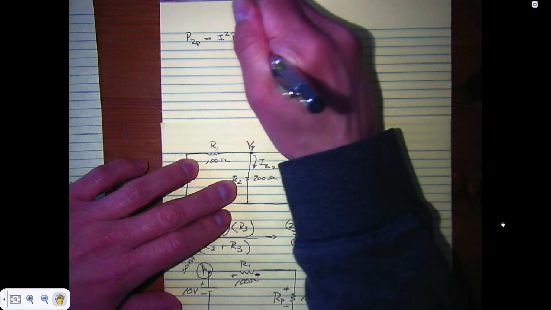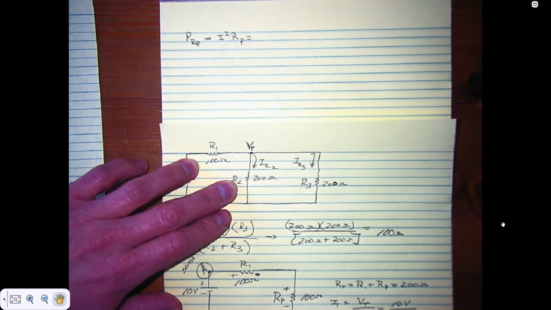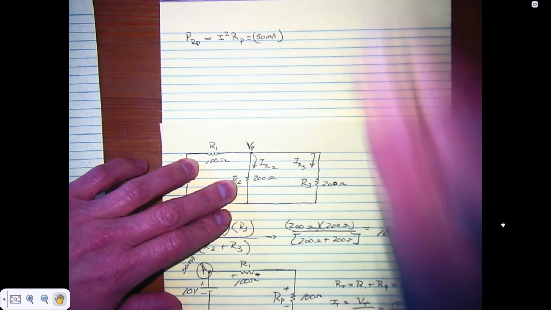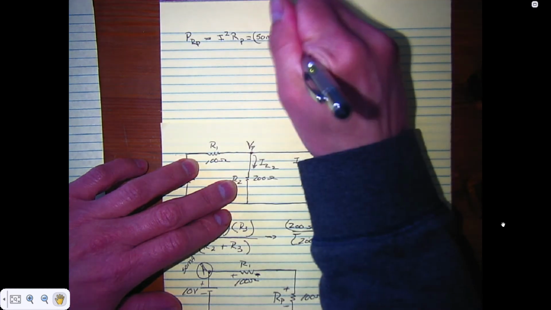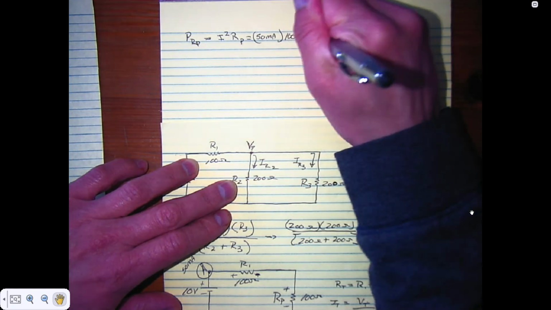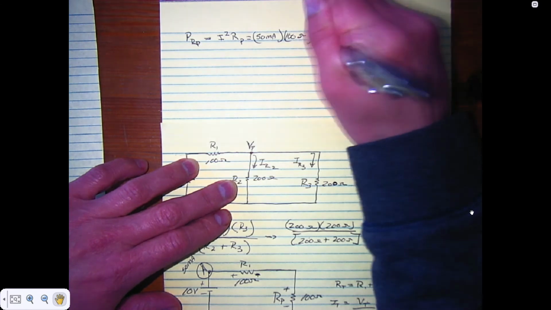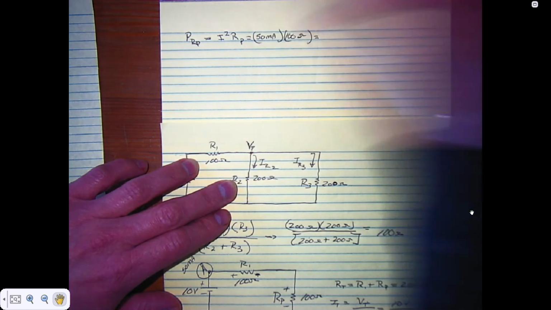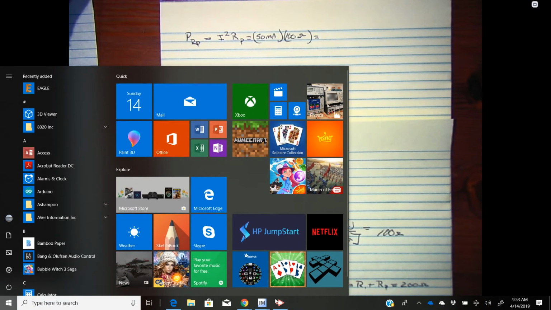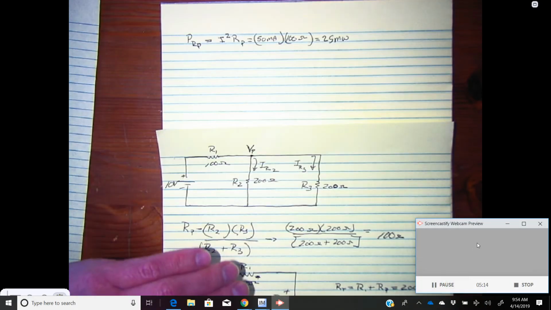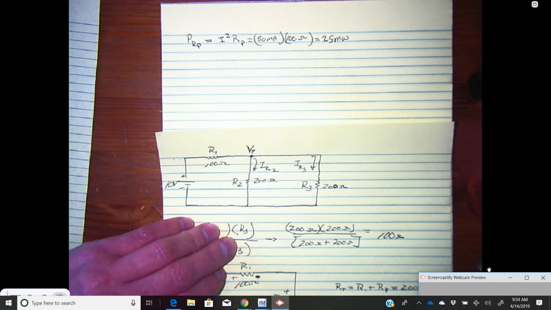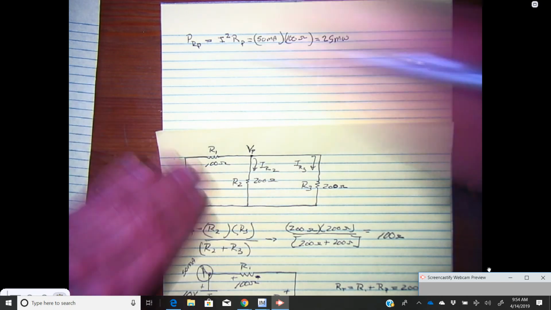If I do that, that makes it easy for me, because I have 50 milliamps, and my RP is 100 ohms. So if I take 50 mils squared times 100 ohms, that's going to give me about 25 milliwatts of power through RP. And again, I could find all my power.